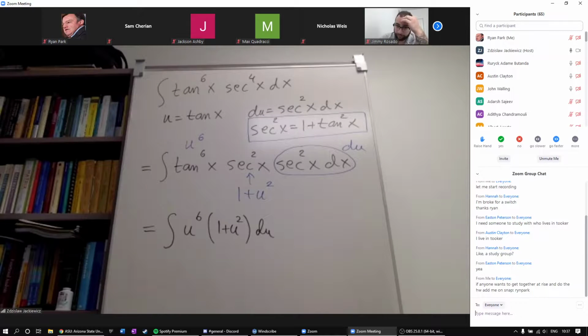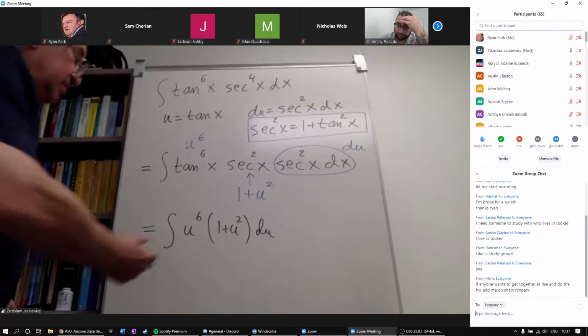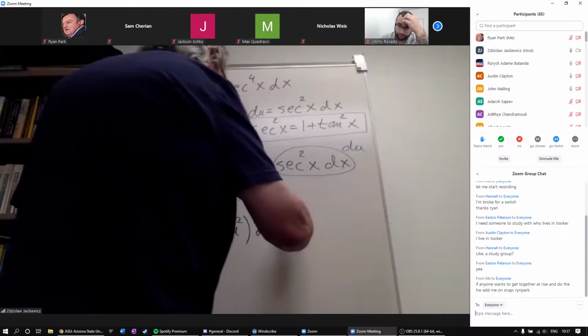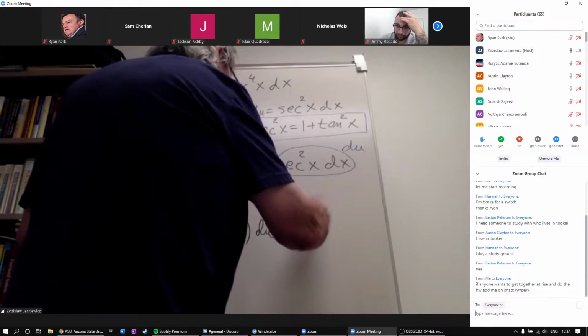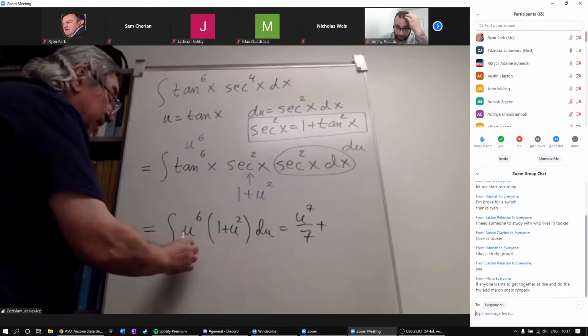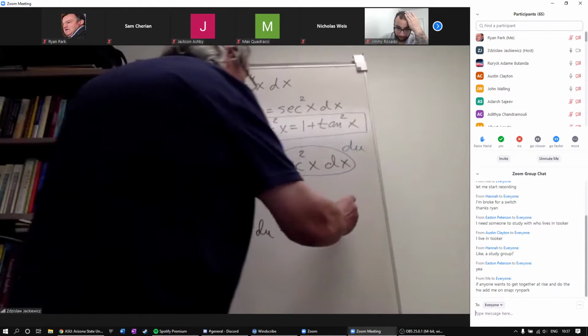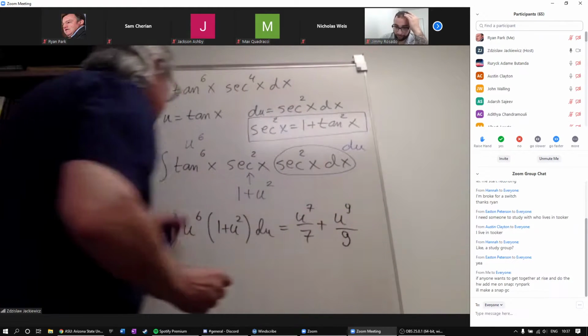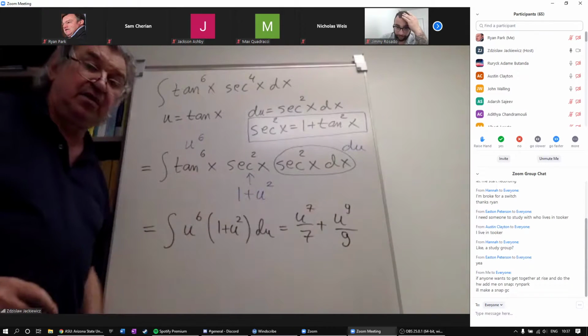So of course that's a polynomial, easy to integrate. So u to the power 6 gives u to the power 7 over 7, plus u to the power 8 integrates to u to the power 9 over 9. And of course u is equal to tangent. You substitute.